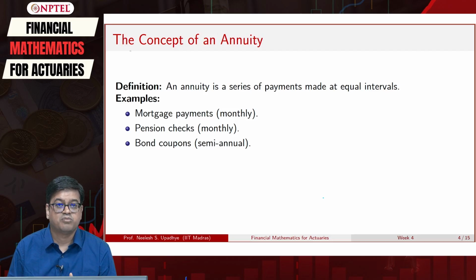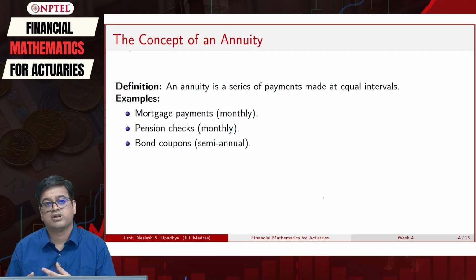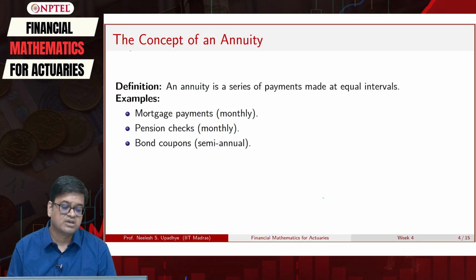If you have some bond coupons which may be semi-annual, essentially there is a series of payments. If you have some pension plan which is paying you on a monthly basis, if you have some insurance scheme which is paying you on a monthly basis, all those things are nothing but streams of payments that are made at equal intervals. So as you can see, this is a very important problem.